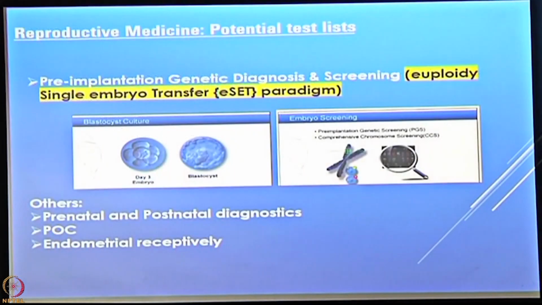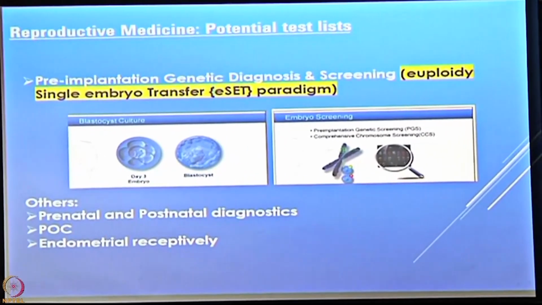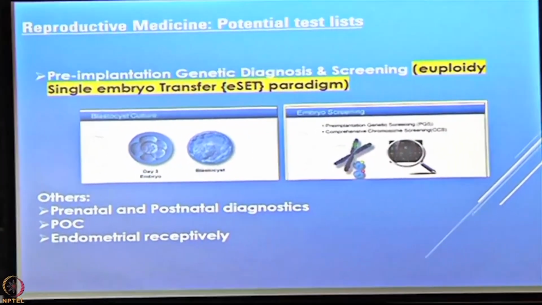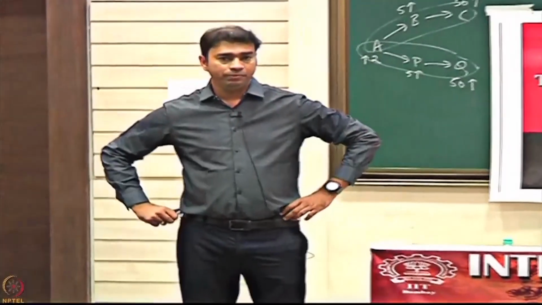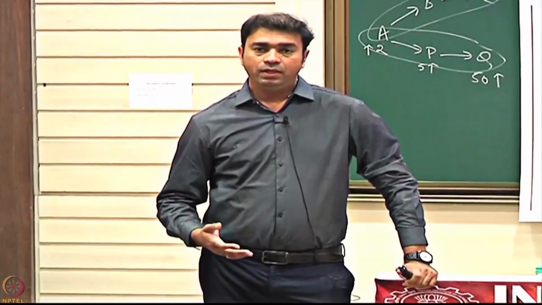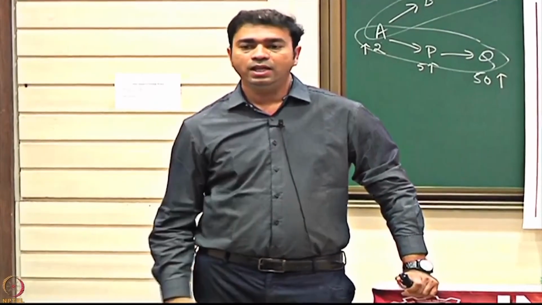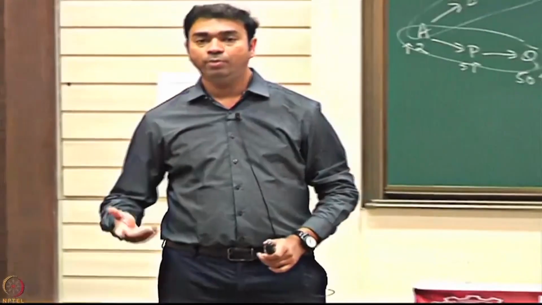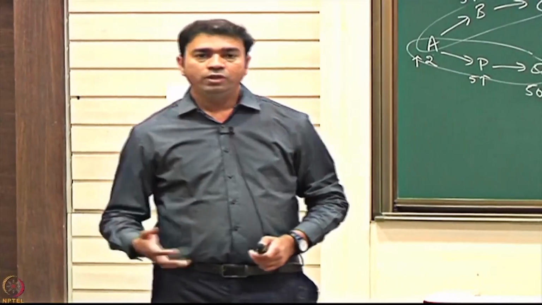Now I'm covering five slides from the IVF segment. In reproductive medicine, the most challenging part of IVF is aneuploidy in the embryos. Whenever couples go for IVF, about 70% of the embryos are aneuploid.